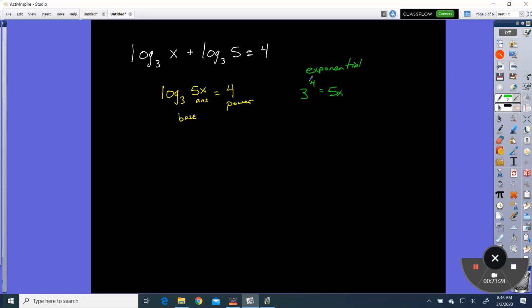So what's 3 to the 4th? You can type that in your calculator. 81. So 81 equals 5x. Divide it by 5. And x equals 16.2, and you're done.